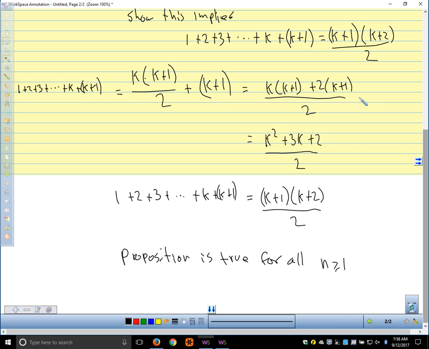All right, questions on proof by induction? So just two induction proofs for homework.